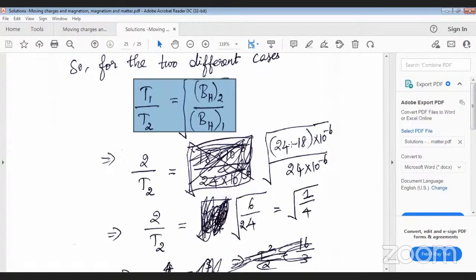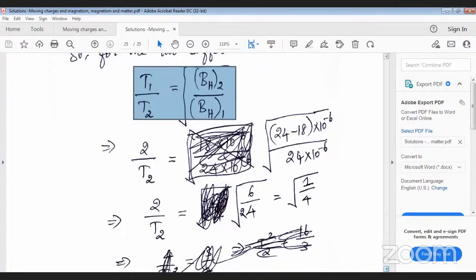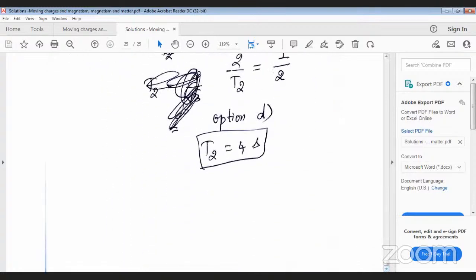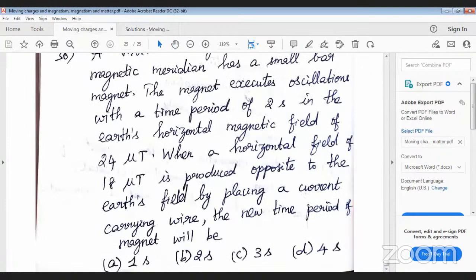You can cancel out everything and find the value of T2. That is 4 seconds. Option D is the right answer.